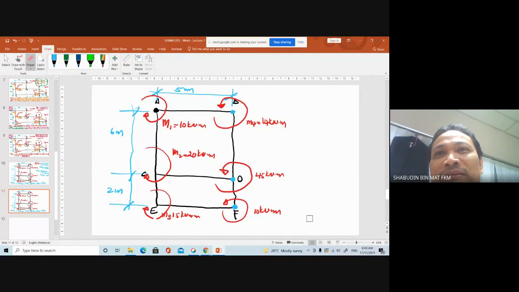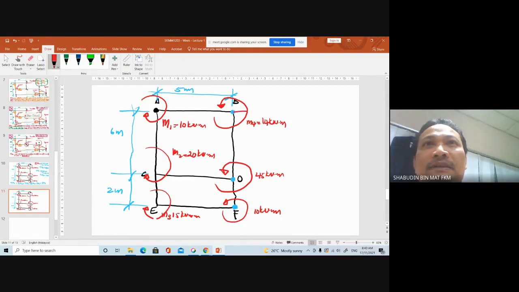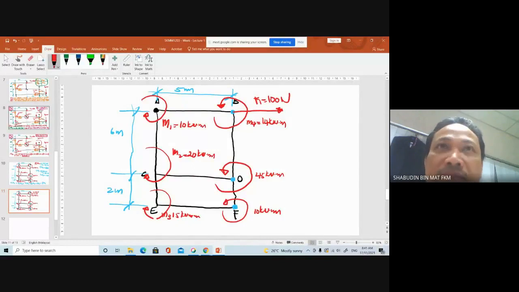We will do right. But unfortunately, if in that system you apply a force only here, force 1 that equals 100 Newton, everything will change. Moment A and moment B are unchanged.